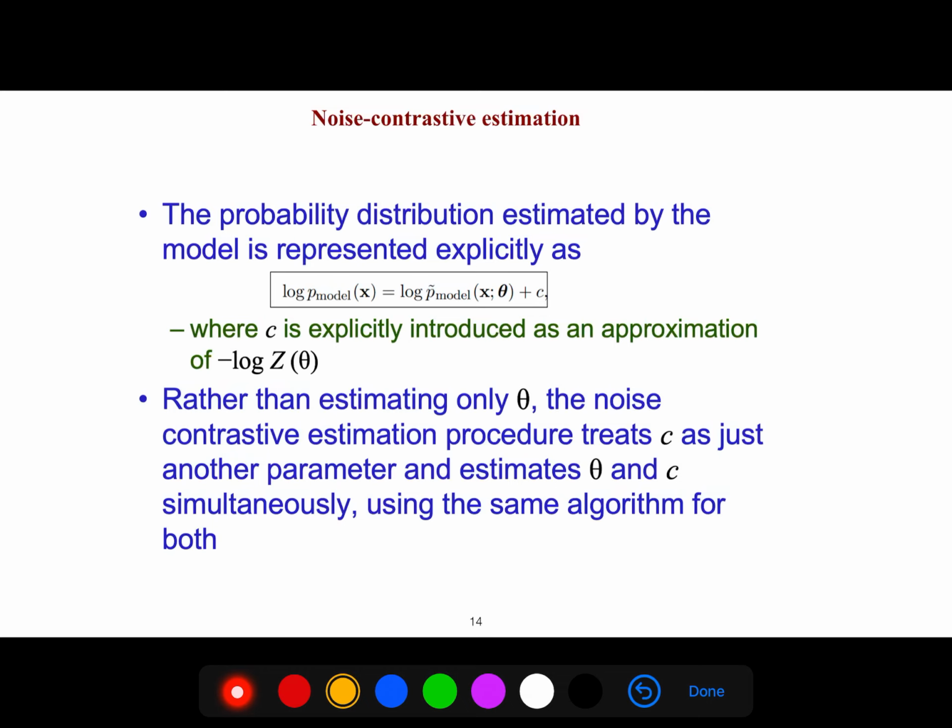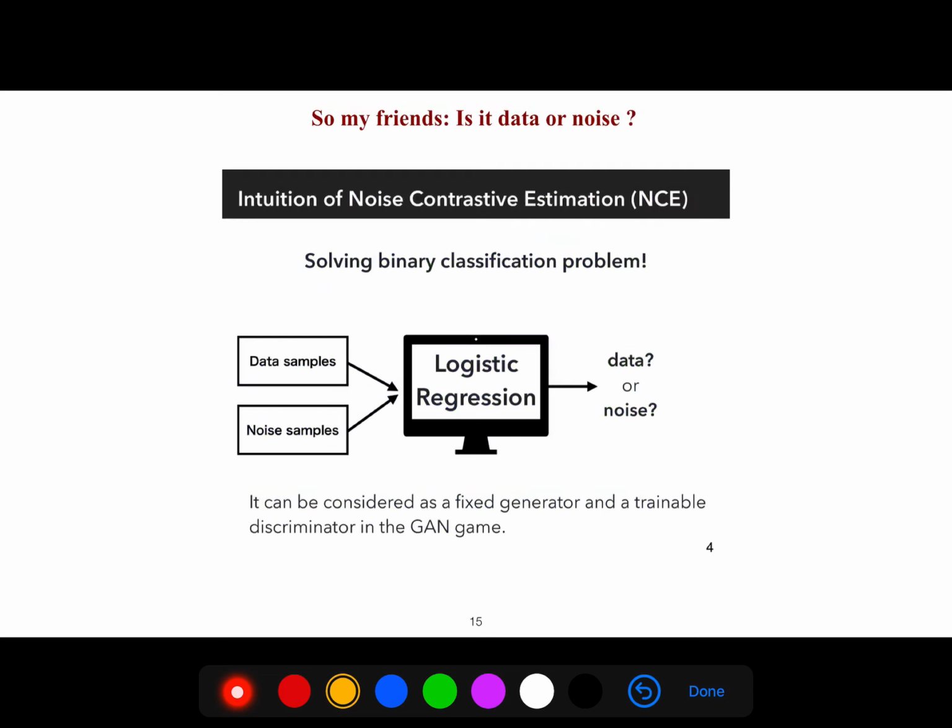This is the probability distribution estimated by the model, and C here is explicitly introduced as an approximation of your partition function, this Z. So rather than estimating only the theta parameter, noise contrastive estimation treats C as just another parameter and estimates theta and C simultaneously.